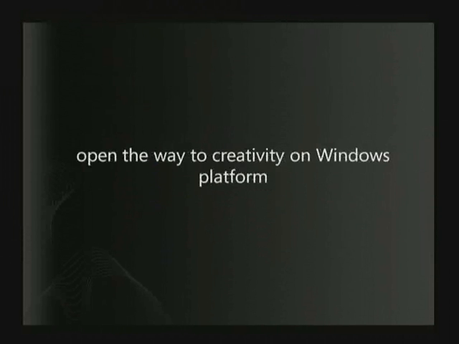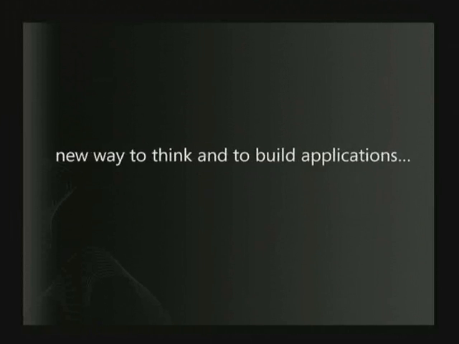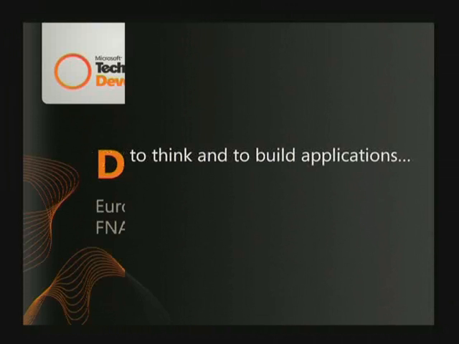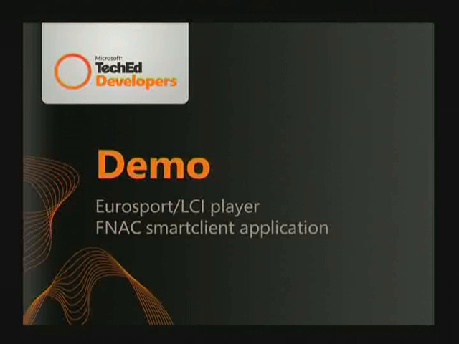And because we have this new engine, we have a new opportunity to create a very creative application on the Windows platform. And I will show you how you have to think differently, because WPF can bring you a new kind of application. So let's see some applications done in WPF.